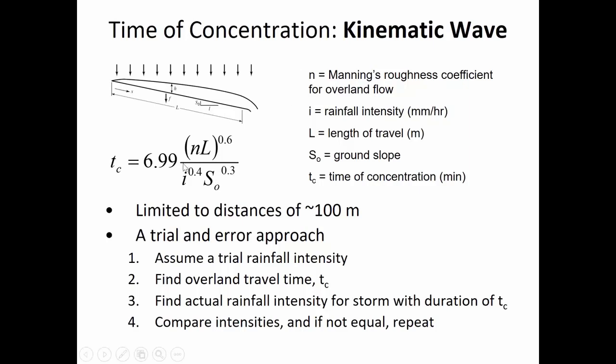In the denominator here is the rainfall intensity and the slope. So can you think of a reason why those would be in the denominator of the equation? Why would a higher slope be in the denominator when it comes to the time of concentration? So big slope means smaller time of concentration.